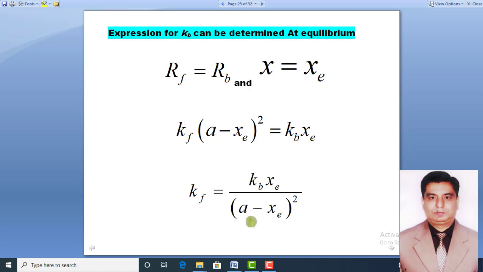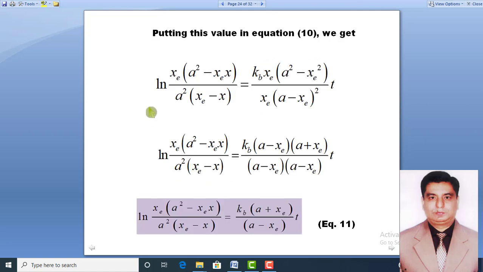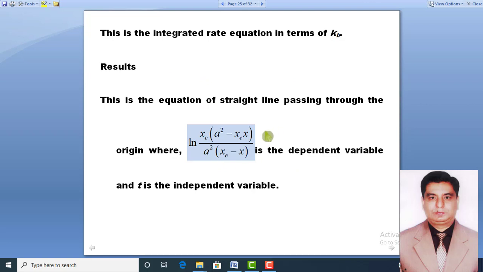So we will put this value of kf back into equation number 10. If we put this value, then we can find that log natural xc into a square minus xcx divided by a square into xc minus x is equal to kbxc into a square minus xc over xc into a minus x square into t.